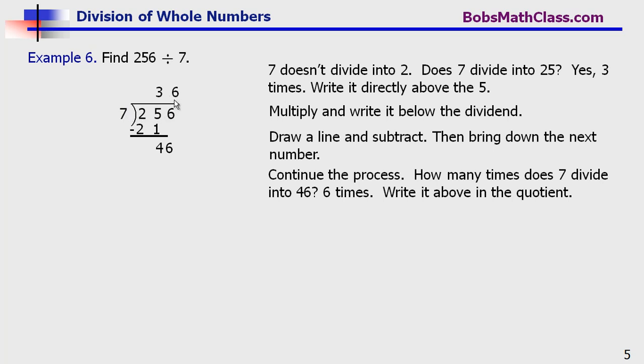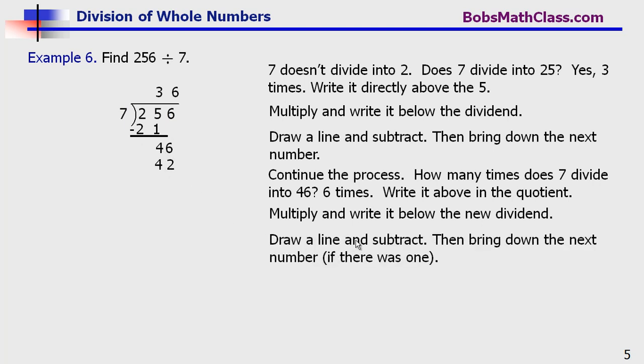Multiply the 7 times 6, and write it below the new dividend. This is our new dividend. 7 times 6 is 42. Draw a line and subtract, and then we would bring down the next number if there was one. There's no number to bring down, so that's our remainder. 36, remainder 4.